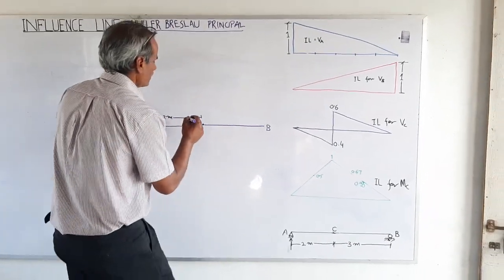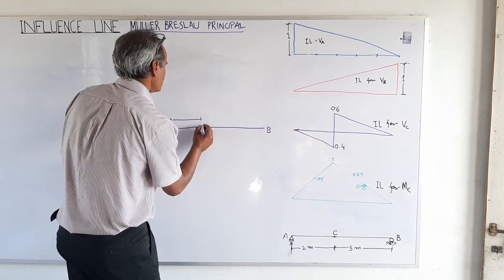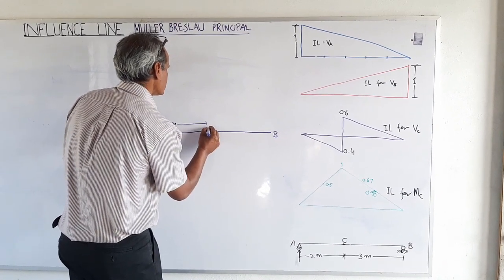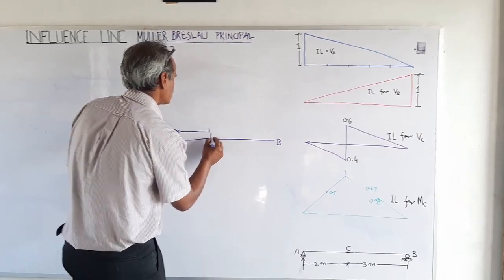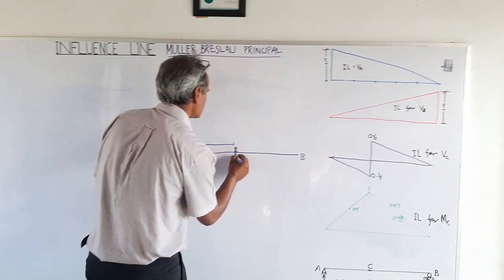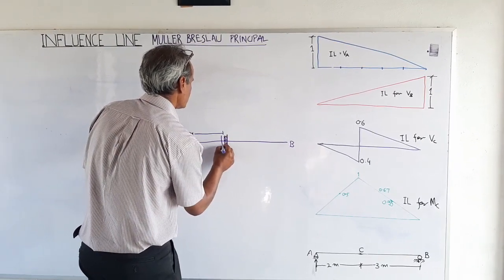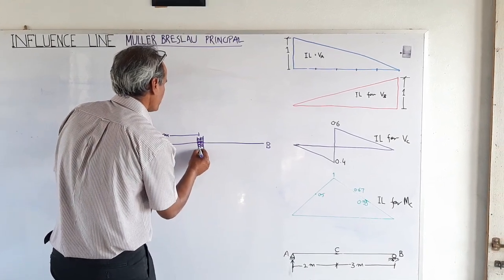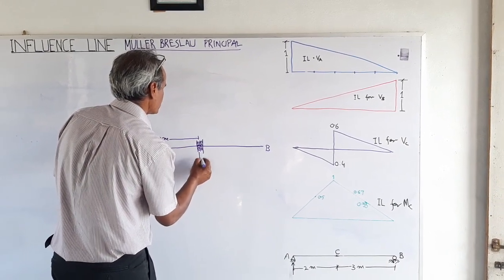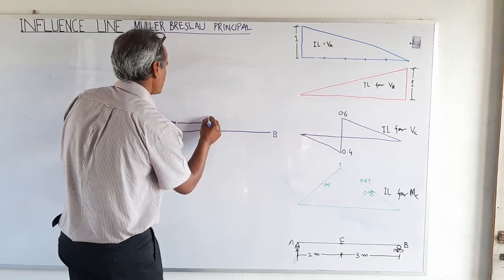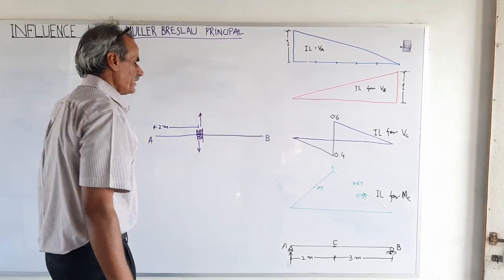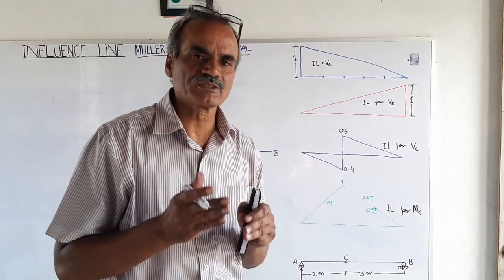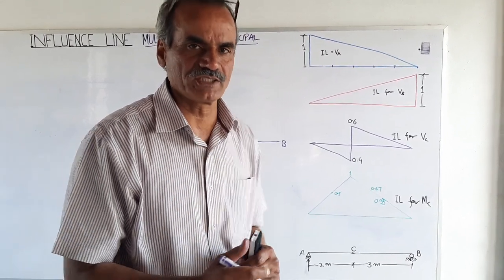So if we let this beam move from this place, say that it is something like this, and apply a positive shear over here, and let it displace by a unit distance.